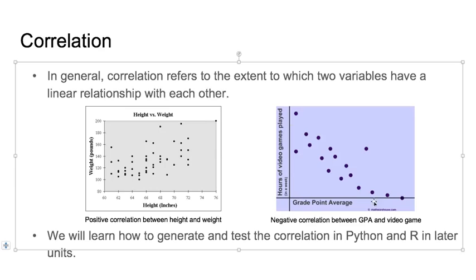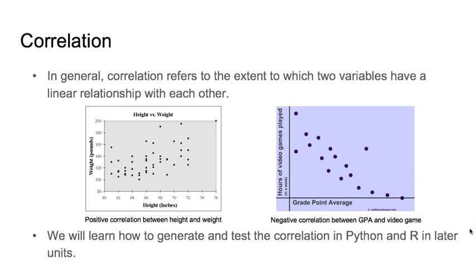This is another example of a relationship, which is called correlation. Correlation essentially describes how two variables are connected, related, and if they are related, which direction the relationship goes, positive or negative.